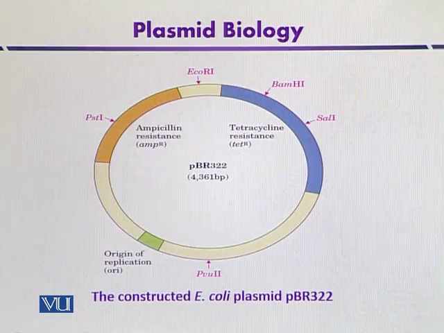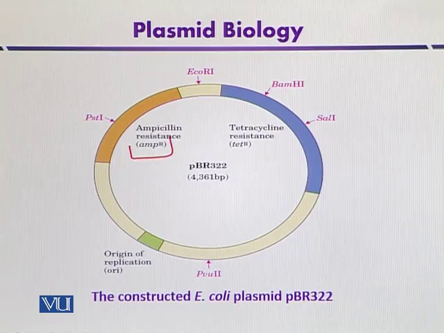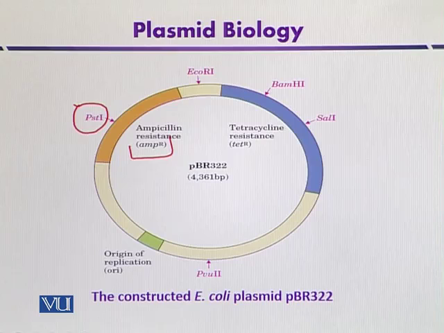This diagram indicates different types of selectable markers again, like the gene for ampicillin resistance, and within this gene a restriction site for the enzyme PstI is present. It is not the single restriction site that is present here, as I told you that the restriction sites within the ampicillin resistance gene may be up to 6.